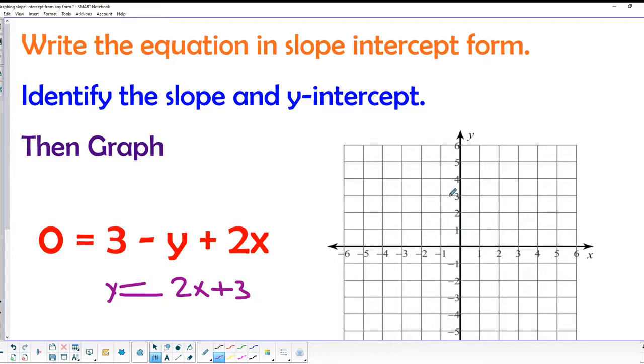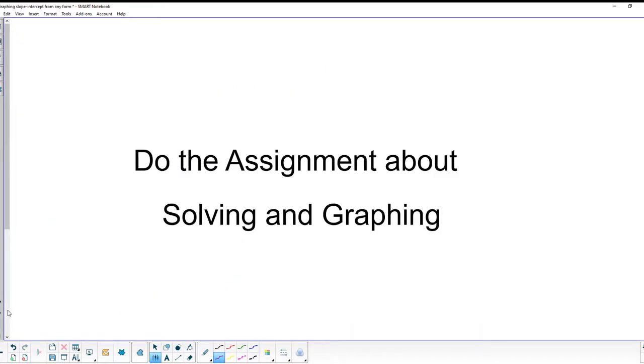We go up to 3 on the y-axis, and then up 2 and over 1 more to get with our slope. And there's our line again. So we got to have you do the assignment about solving and graphing, or any form that you come up with, you should be able to figure out how to graph it.